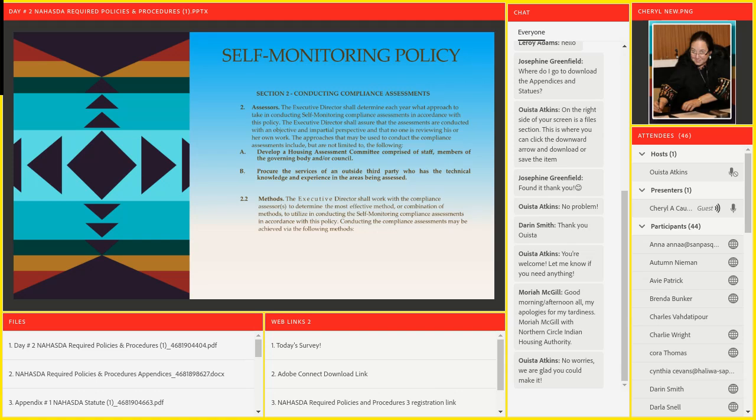Now, before I go any further here, I had somebody as a result of this class ask, do they have right during self-monitoring to look at tenant files? It depends on their position. Now, if they're a paid consultant, procured, yes, because you have all of those things within the contract that would protect you.